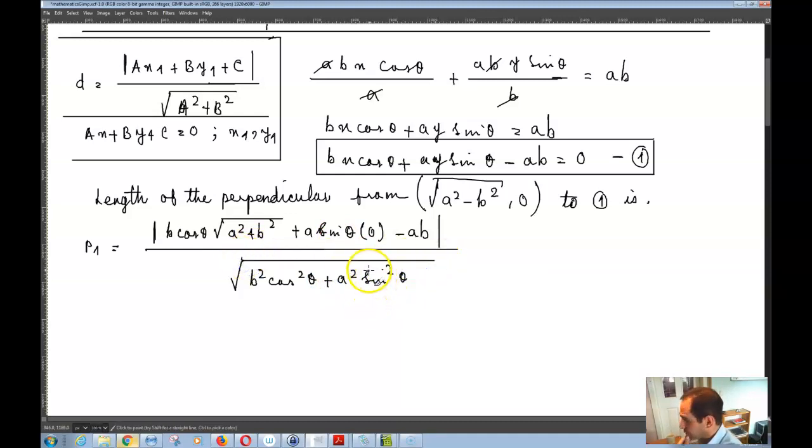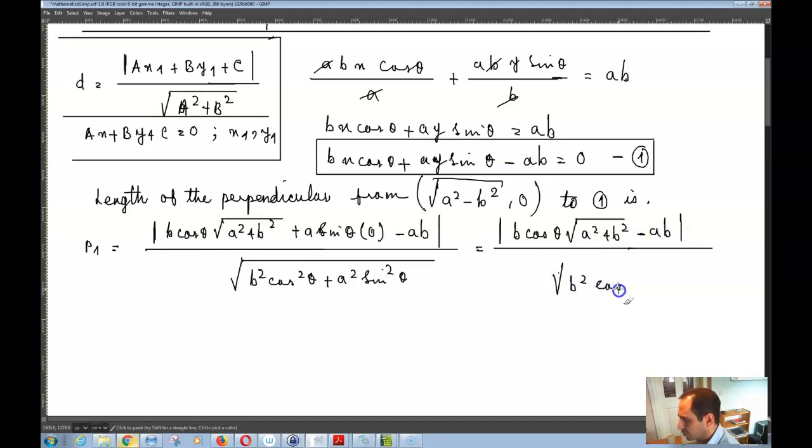That is the length of the perpendicular, and so that is equal to the absolute value of b cos theta times the square root of a squared minus b squared, minus ab, over the square root of b squared cos squared theta plus a squared sine squared theta.